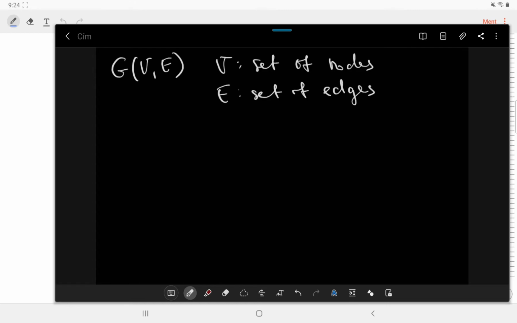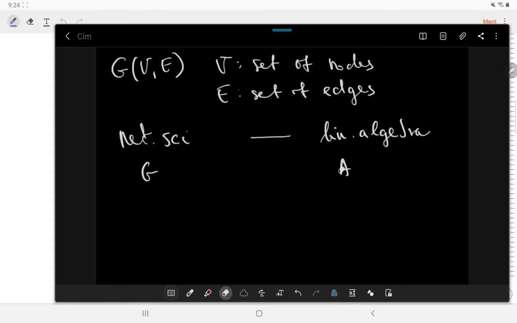It was also mentioned last week and the week before that network science has a very, very strong relationship with linear algebra, in which the connection is made in such a way that a graph G can be associated with a matrix A. This matrix is called the adjacency matrix.